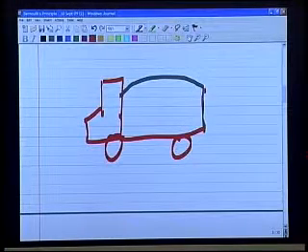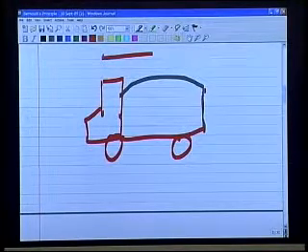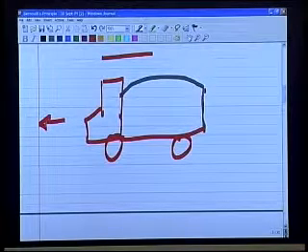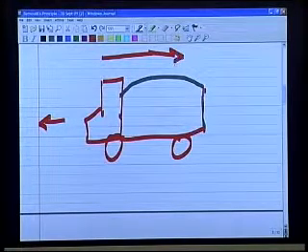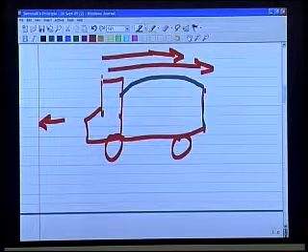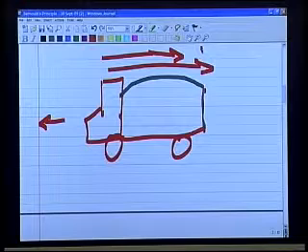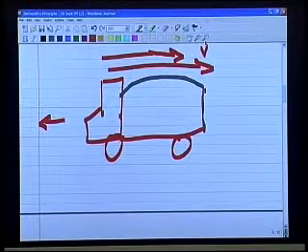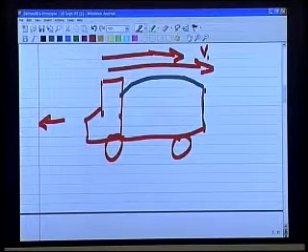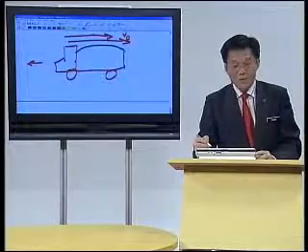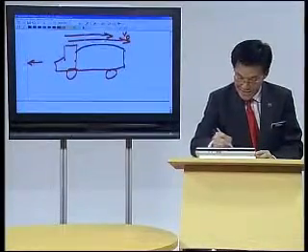And this lorry is moving at high speed. So when it goes at high speed, what happens? The air is moving at high speed in the opposite direction. So once again, the velocity or the speed of the air outside, VO, is high.